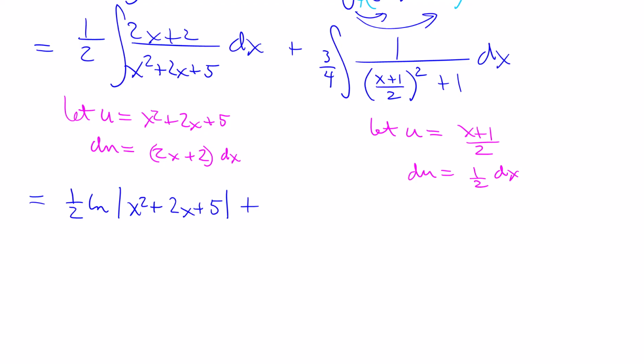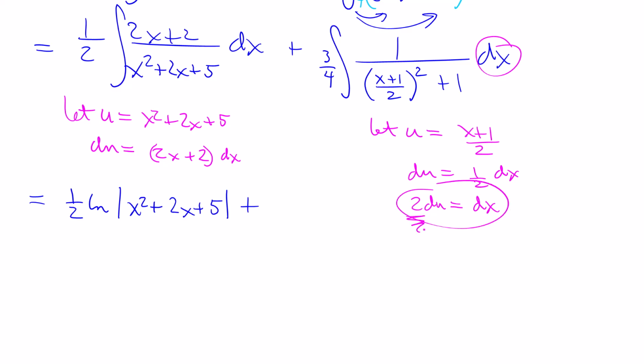We'd have then plus. Now, be careful here. Let me add in one little note. This isn't a direct match, remember I want to replace dx. So if I multiply both sides of my du equals 1/2 dx equation by 2, then that would tell me that 2 du equals dx. Now I can replace dx with 2 du.